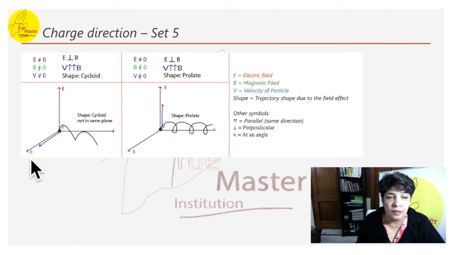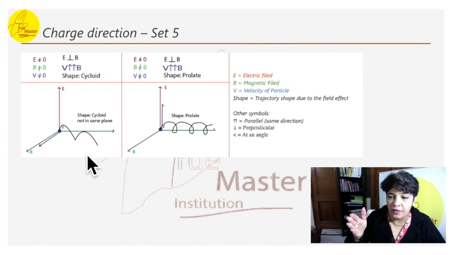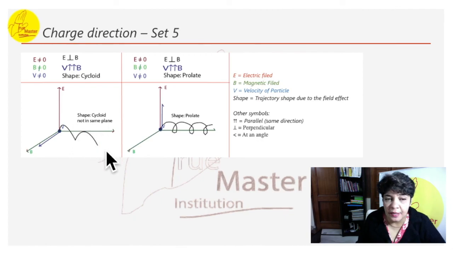Then a cycloid is formed, but it is not in the x and y plane. It is in 3D form. See, it's in the middle of x and y, it's not forming on the xy plane. So a cycloid is formed and is not in plane but in the center, as shown here.